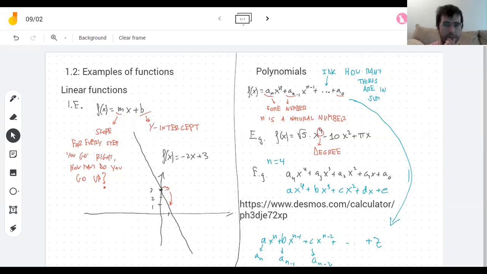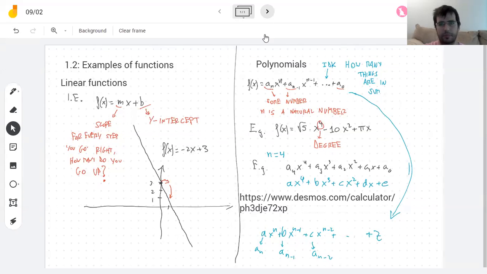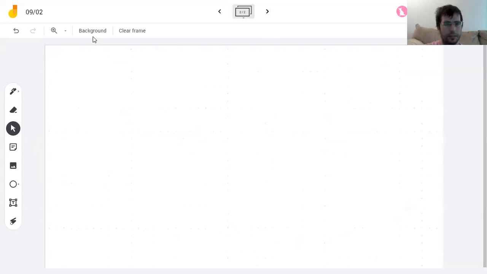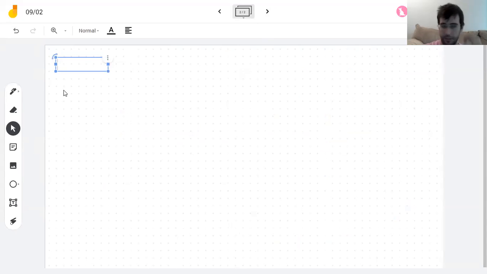Okay, so now, look, the book says power functions. This is not a strict classification. I mean, linear functions are also polynomials, for example.